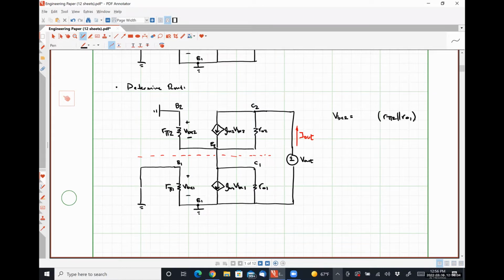And now we need to figure out the current, right? Because Ohm's law tells us that voltage is current times resistance. We got the resistance part online. So my argument here is that this current I out flows into this node, splits up, recombines, and then flows through the parallel combination of R pi 2 and R naught 1. So using Ohm's law, this should simply be negative I out times this resistance value, because that current I out is flowing into the negative polarity terminal. Are we okay with that?